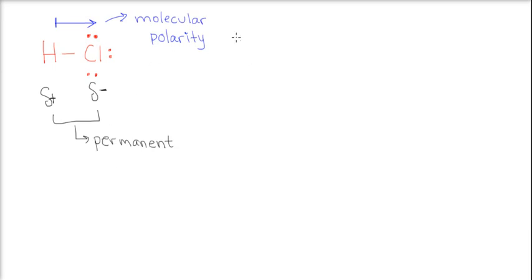So as you can imagine, if we have a multitude of hydrogen chloride molecules next to each other like this, or even randomly dispersed in this way, because these are all hydrogen chloride molecules, they are all going to have the same polarities. So all the hydrogens are going to be partially positive, and all the chlorines are going to be partially negative.